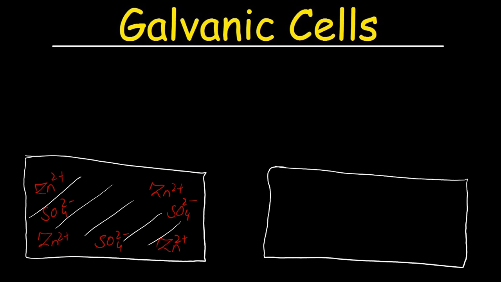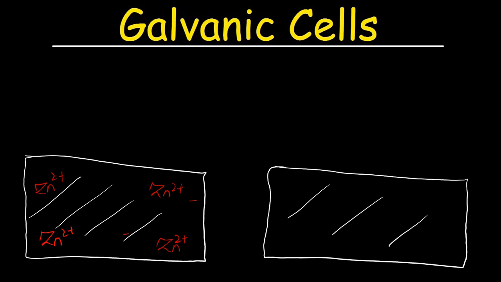For simplicity, don't consider SO4. We just suppose that this solution has just Zn2+ ions. This is just for simplicity, okay? We suppose that this container has Zn2+ ions, and later we will discuss what the role of the SO4 ions will be.